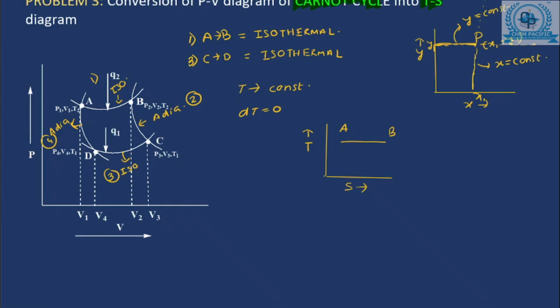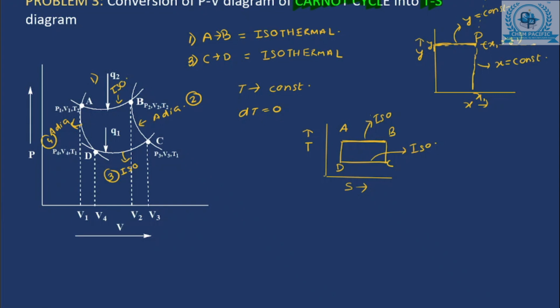ठीक है, तो अभी तक हम लोगों ने BC steps नहीं किए, बाद में करेंगे. And then you have C and D, and therefore this step and this step is isothermal, and they're represented by a straight line.